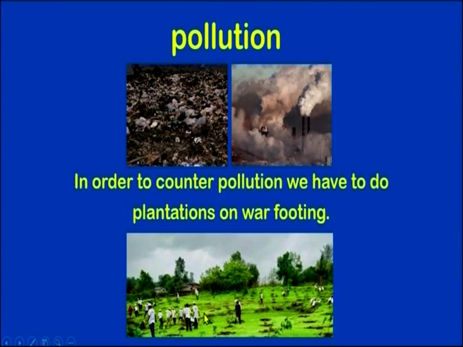Not only planting and watering on a single day, children, we have to do that every day. We have to water them. Not only water, we have to keep a fence around them. Tree guards or sapling guards we have to keep so that the animals won't eat them. And children, we have to do that on a war footing so that we can save our planet Earth from the pollution.